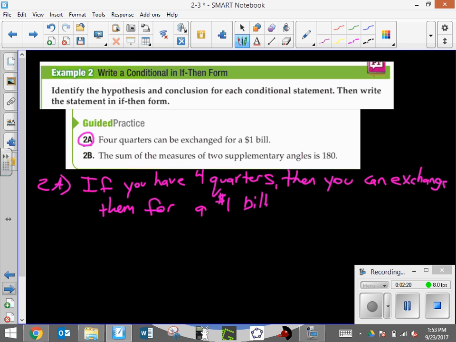And they might not all be exactly word for word, but it's going to be something along those lines. They changed my statement from something like 4 quarters can be exchanged for $1, and I wrote it in if-then form.